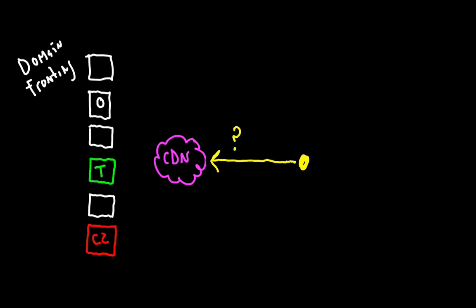First, how does the client get to this something X? Well, it does a DNS lookup on that something X and gets back an IP address associated with the CDN. Okay? And then it just proceeds to actually connect to the CDN, to that IP address.